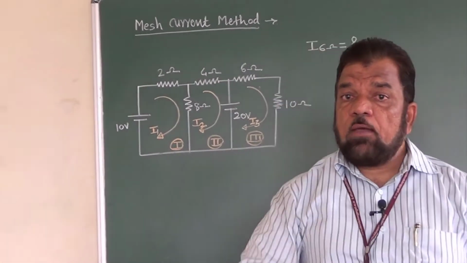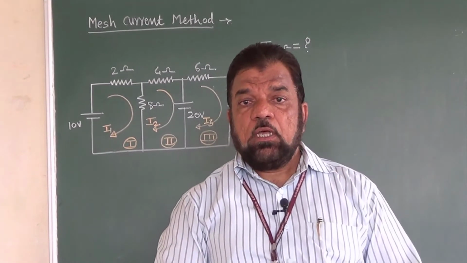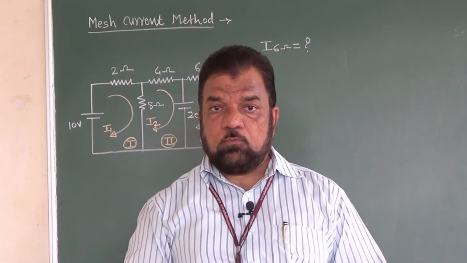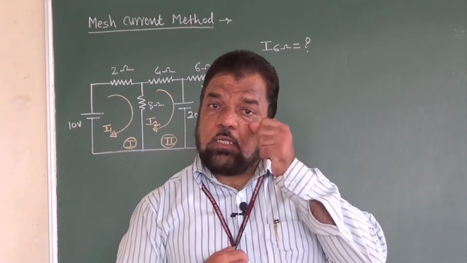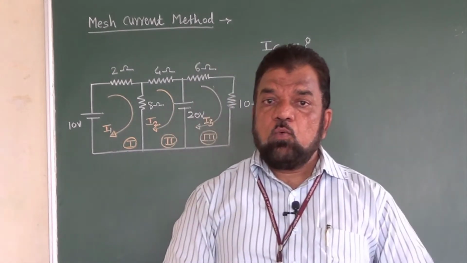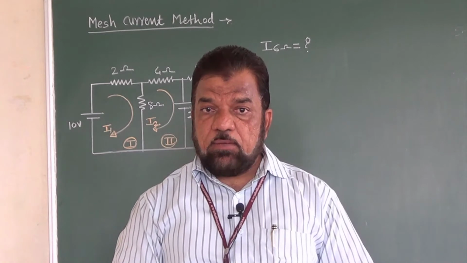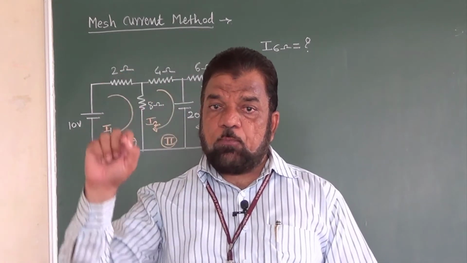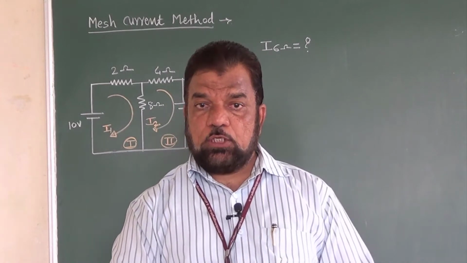Now for the mesh current method, again we have to make use of Kirchhoff's voltage law. If we recall the statement of that law, it says the algebraic summation of potentials around a closed path is equal to 0.